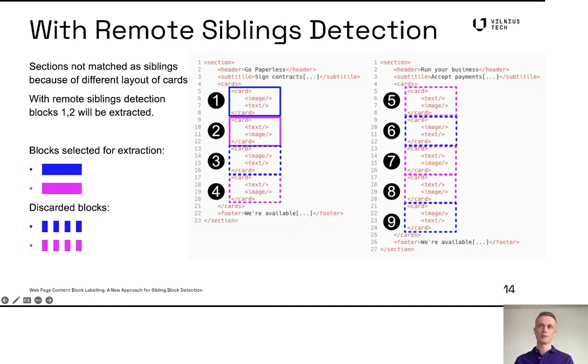Now, if we apply remote siblings to the same blocks, we can further reduce the number of blocks and only select blocks number 1 and 2, and blocks 5 and 6 are also getting discarded. So with remote siblings, we analyze both of these card sections as one, and this allows us to select only 2 blocks instead of 9 for further processing.